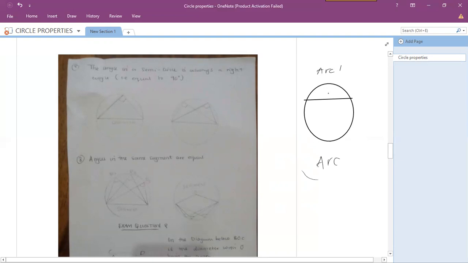So we usually call this one here the minor segment. And then the bigger segment here is going to be called the major segment. So that's what a segment is. It's just a region bounded by a chord and an arc.